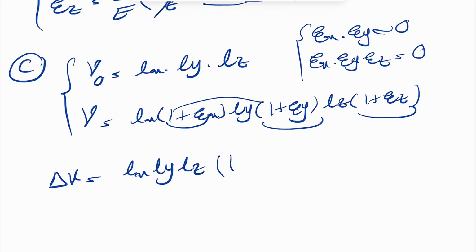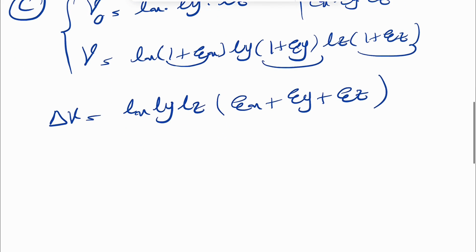So 1 times 1. If we do that, we're just going to end up with Lx, Ly, Lz times 1 plus epsilon x, epsilon y, and epsilon z. The rest will be multiplication of these, which we consider 0. So that's pretty much everything that we need to do.